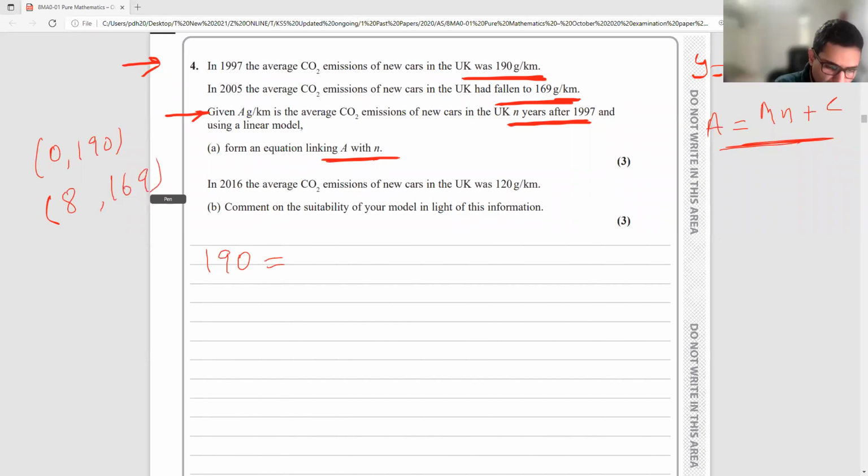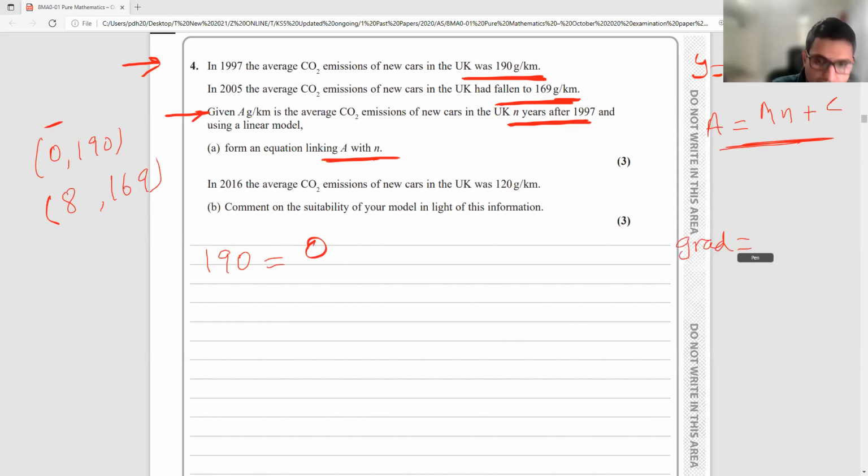So how did we get this part? Because 1997 to 2005 is 8 years. So this is the 8, and this is the 0 because that is the beginning, right? Did you find the gradient first? You can work out the gradient. How do we work out the gradient?